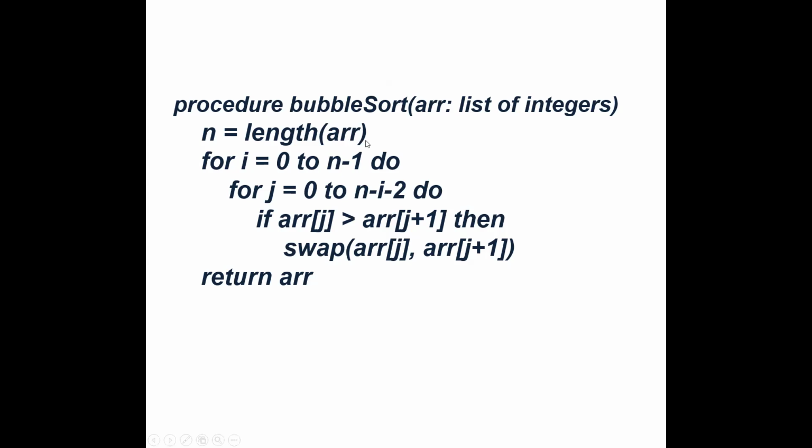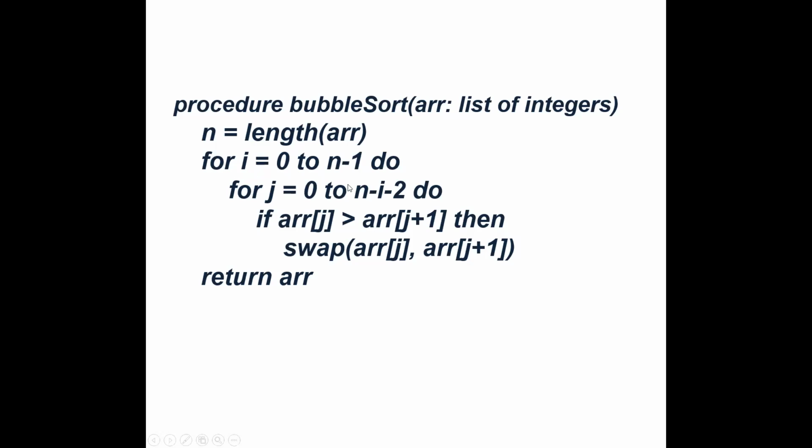N is assigned to the length of the array. For i equal to 0, i less than n minus 1, repeat the process. We are taking one more for loop, the j loop, j equal to 0, j to n minus i minus 2. Say if you are taking 10 numbers, 0 to 9, the i loop will be processed, and the j loop will take care of 0 to 10 minus i.